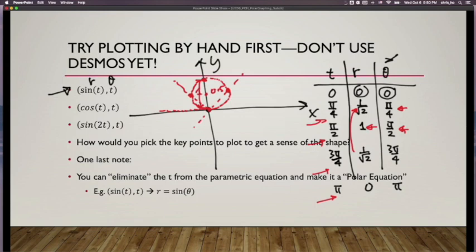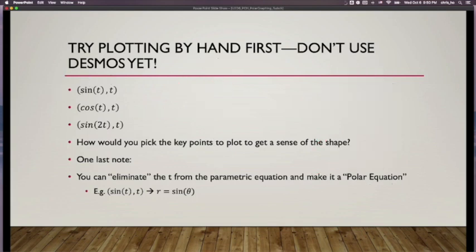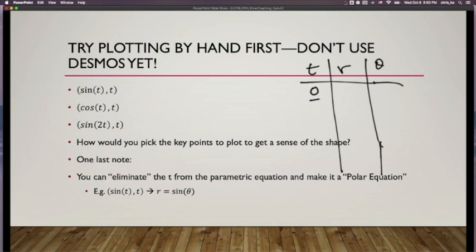Okay, let's take a look at cosine. So once again, let's build a table. t, r, theta. Start at t equals 0, pi over 4, pi over 2, 3 pi over 4, and then pi.